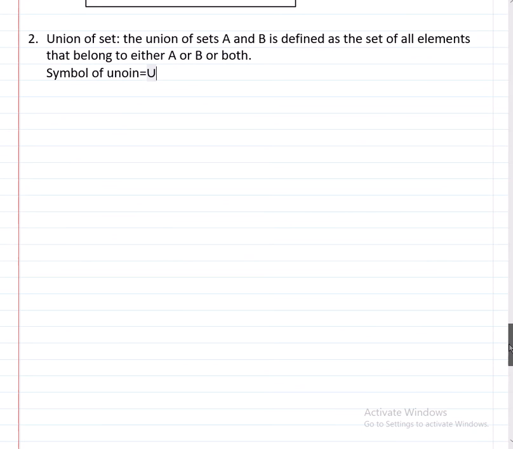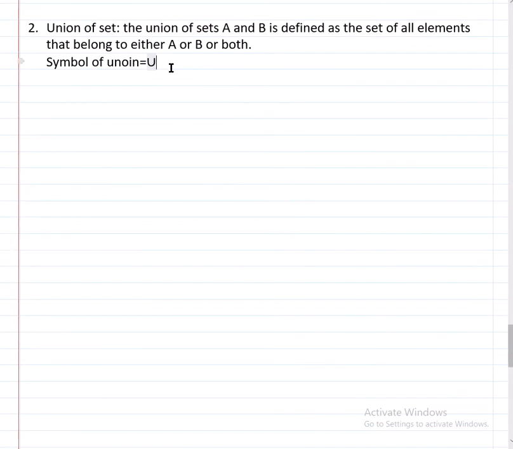Okay, so let's solve examples. Example of a union of sets. We know that union is bringing two sets together to make one.